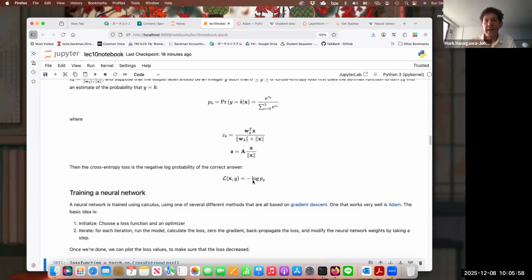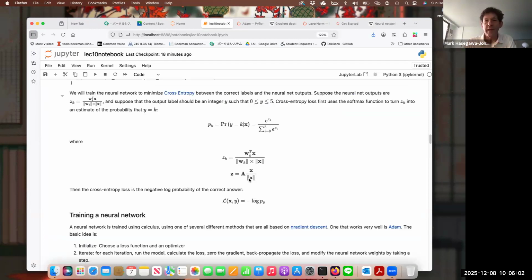Remember, this first division is done by the layer norm layer, and then this second matrix multiply is done by the linear layer.